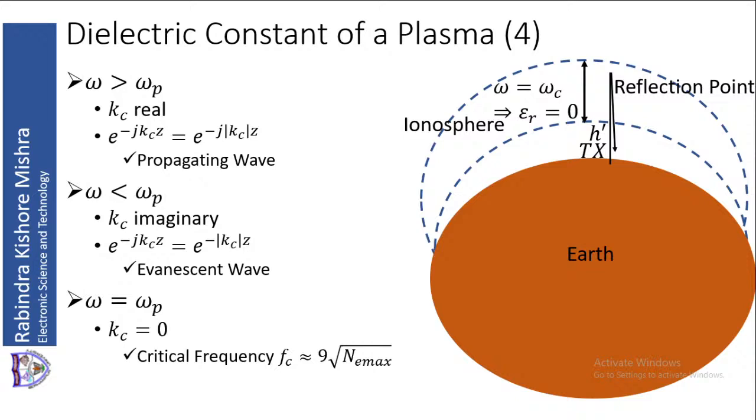So we'll consider that later, but up to now we consider this. From that we found out what is critical frequency, what is plasma frequency, and what is the virtual height. All these things we have found out from today's discussion. So we will stop here.